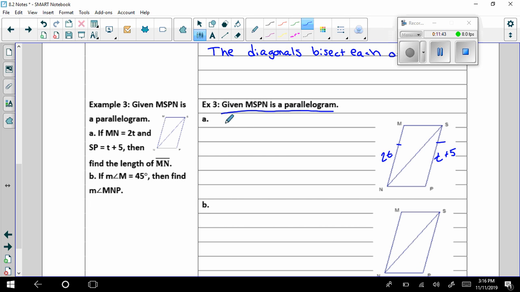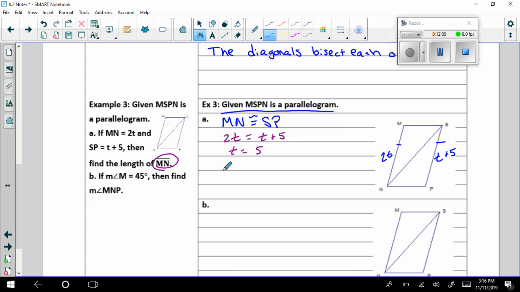So we know that MN is congruent to SP, and anytime two things are congruent, we can set their expressions equal to each other. So 2t is equal to t plus 5. So t equals 5, subtracting t from both sides. All right?